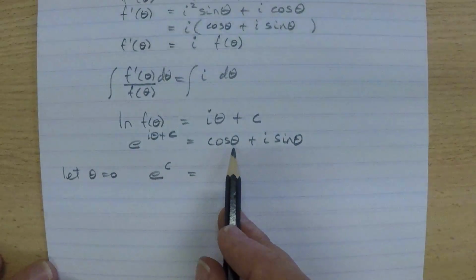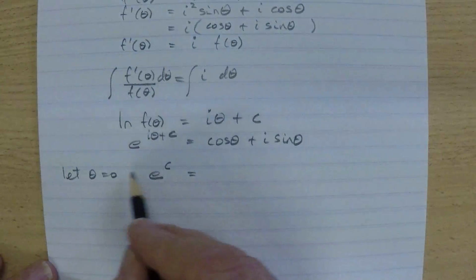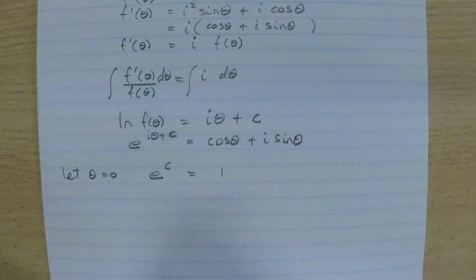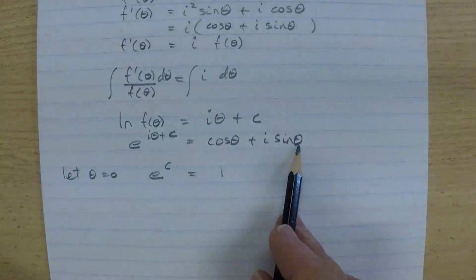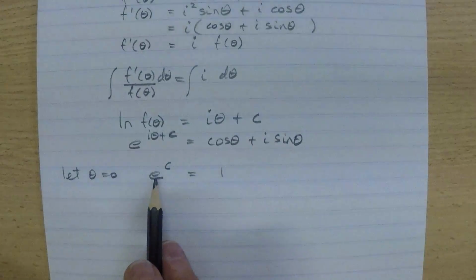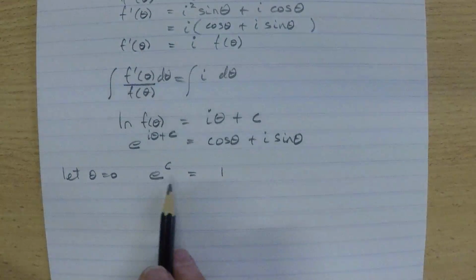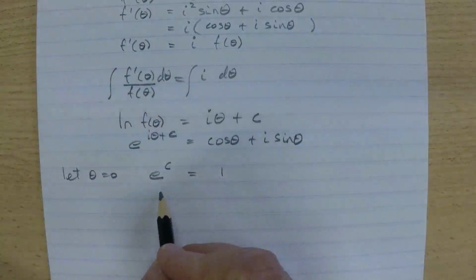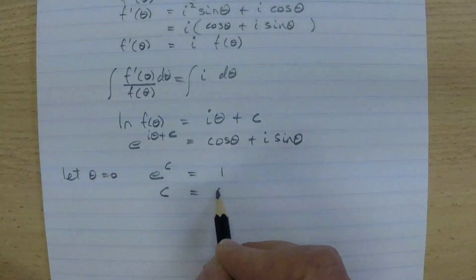Cosine of theta is cosine of 0, if we substitute, cosine of 0 is 1. The sine of 0 is 0, so this disappears. We have e to the power c equals 1, and we know therefore that e must be to the power 0, so c therefore equals 0.